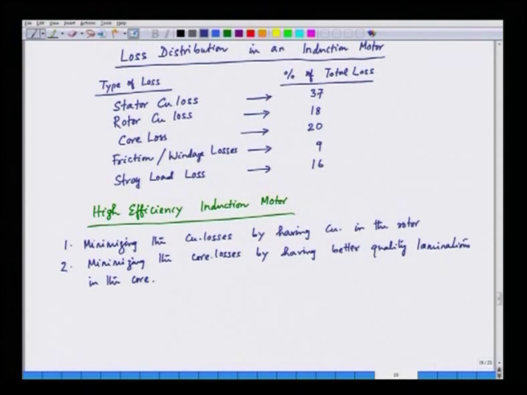And of course, the friction and the windage losses are a part of the machine that cannot be reduced significantly. The friction will anyway be there, the windage losses will be there. So, sometimes the motor is equipped with extra cooling fans. If the losses are minimized, the cooling fan can be dispensed with.